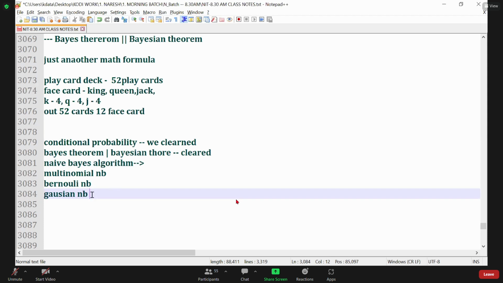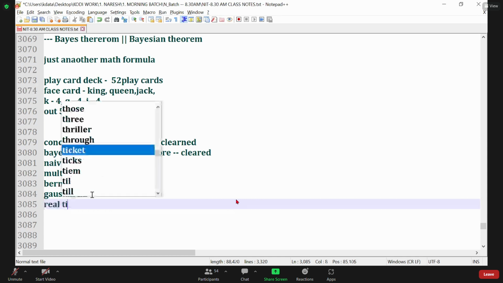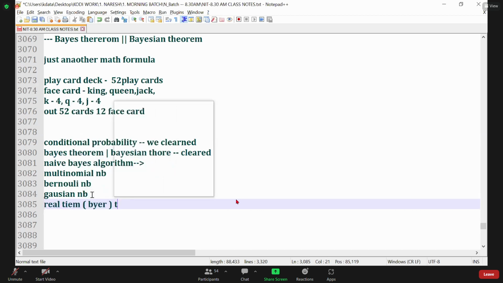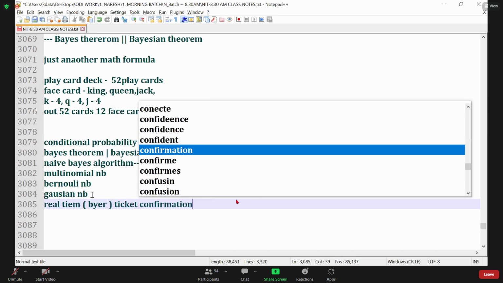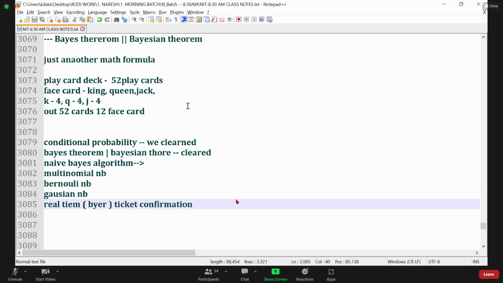These are the three types, and then I will implement Bayes in a real-time example, ticket confirmation. I will talk about it tomorrow, and then we complete the Naive Bayes algorithm. Are you guys clear or not? Everybody understands? Okay, I'll stop here, and have a good day.